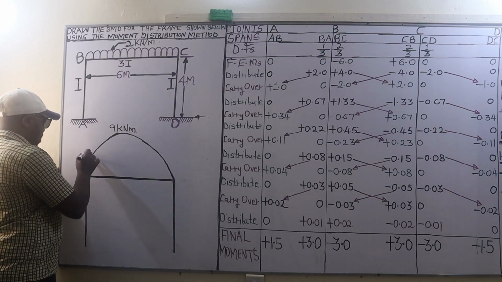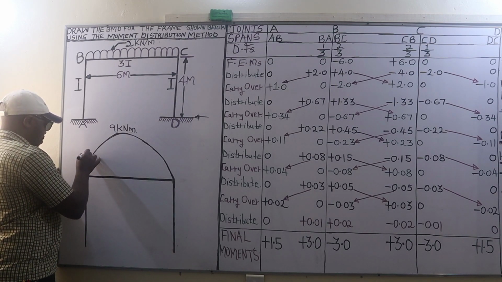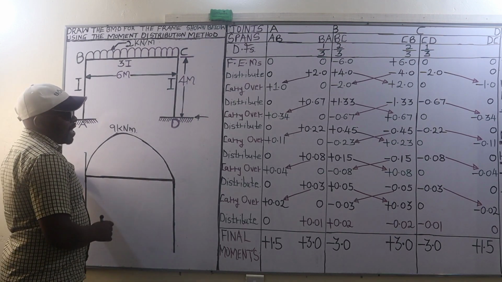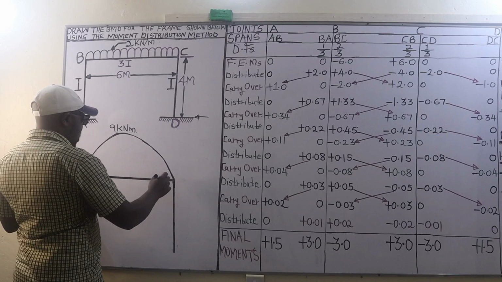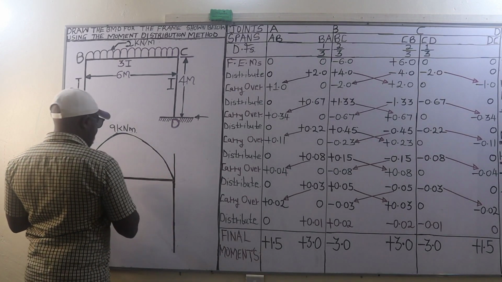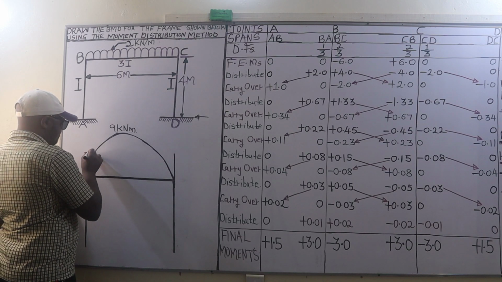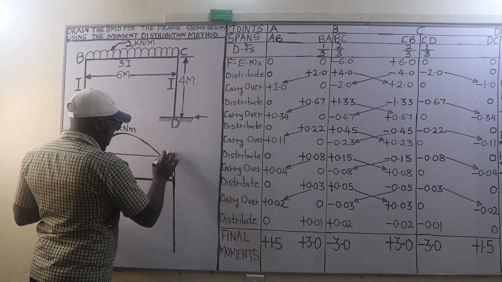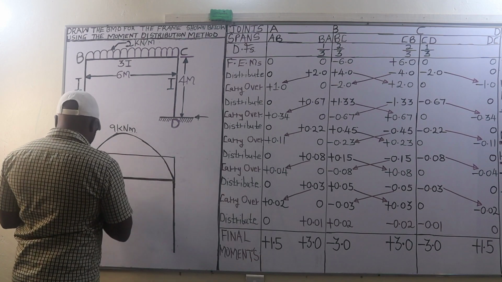So the bending moment at B, that is 3 kilonewton meters, above that point. At C, we also have 3 kilonewton meters, so on the same level as that moment at B. Then we join the moment at B with that at C. Good, so that's what we have.